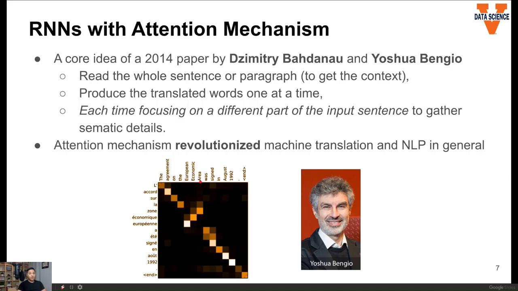When translated into French, it's actually reversed. The becomes la, but European becomes European, actually back here, so the order is reversed. You can see here in the visualization that the order is reversed. So if you are able to capture this pattern, or capture the semantic relationship between the words of the translated sentence, you can have a much more accurate translation.